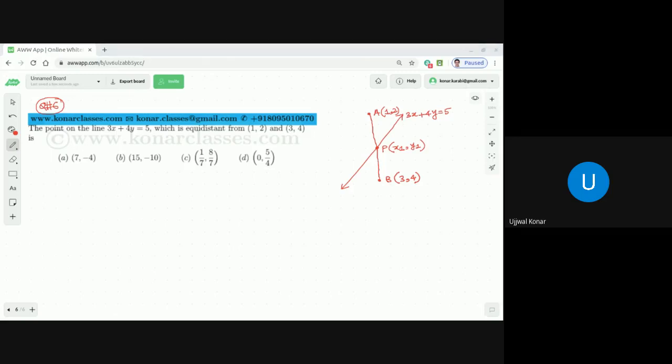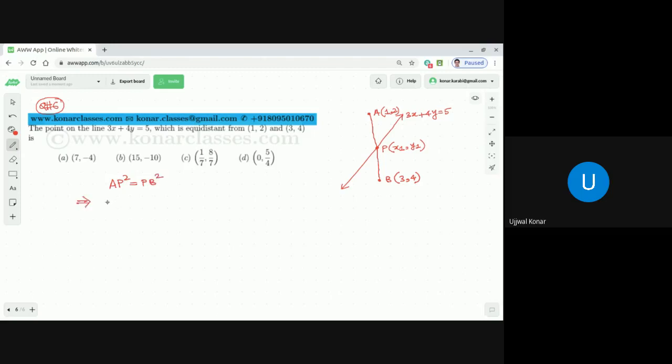Now, as AP is equal to PB, we can write that AP square is equal to PB square, dear students. Correct? So, AP square is equal to PB square.